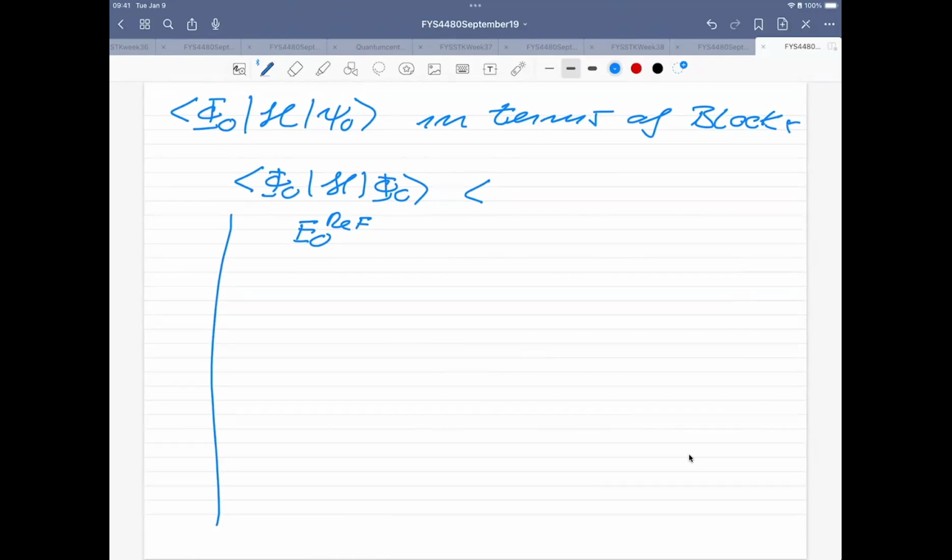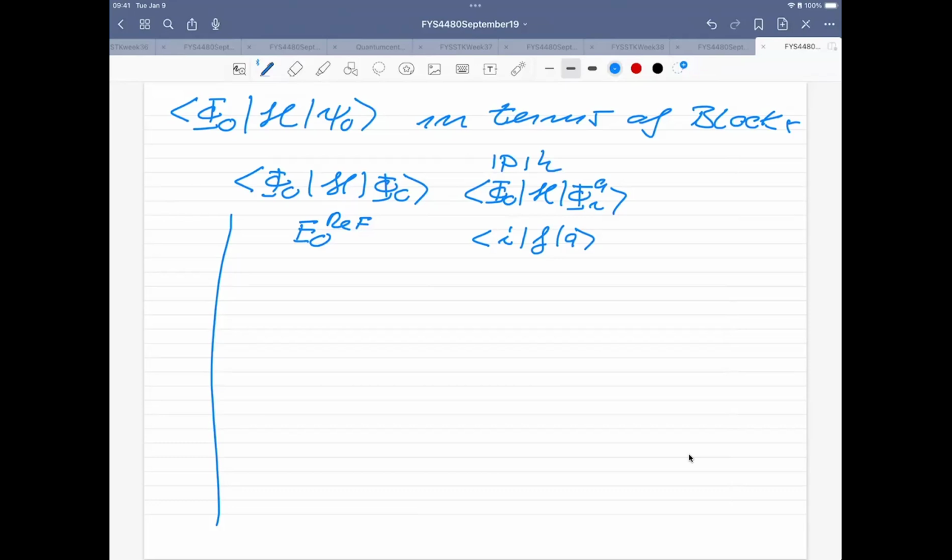And if this state phi 0 is a non-degenerate state, there's only one, the one and only, then this is just a number, right? But then I have the particle-hole block, the one-particle, one-hole block. I'm writing this in a generic way, but this is a 1p-1h block, which links the ground state ansatz with a one-particle, one-hole excitation. And what we found is that this is given by this specific integral, which we can calculate.